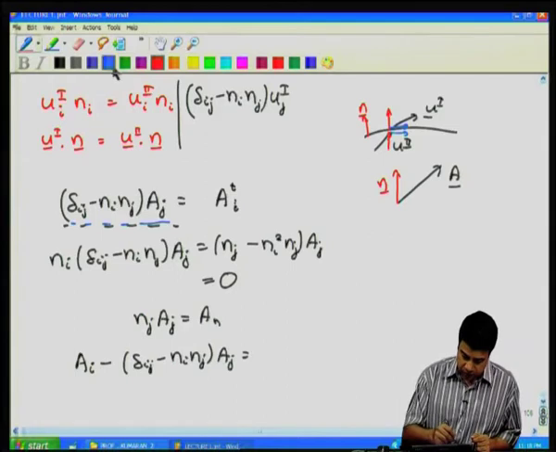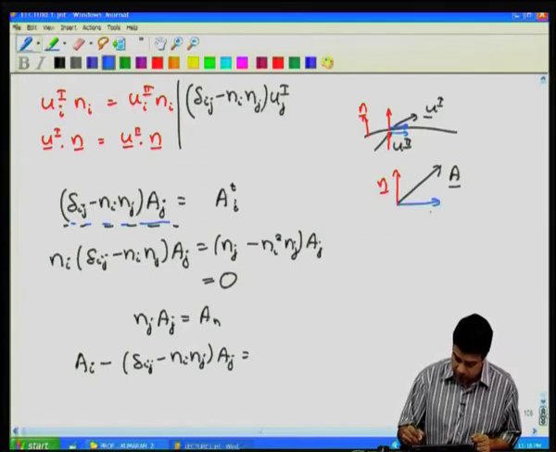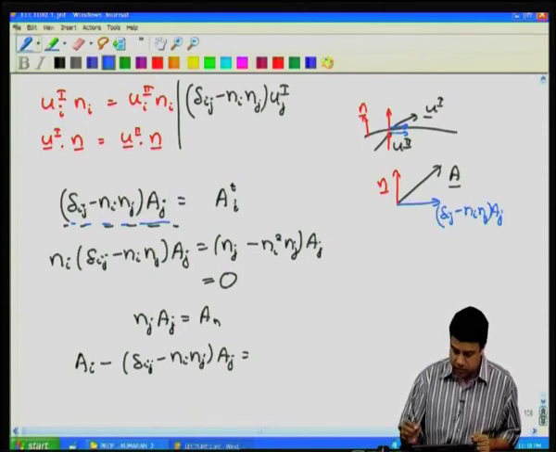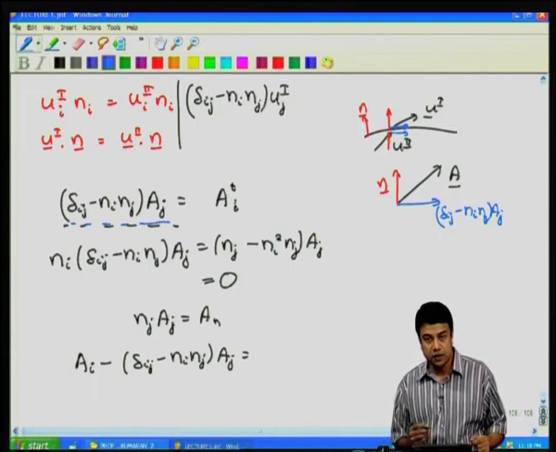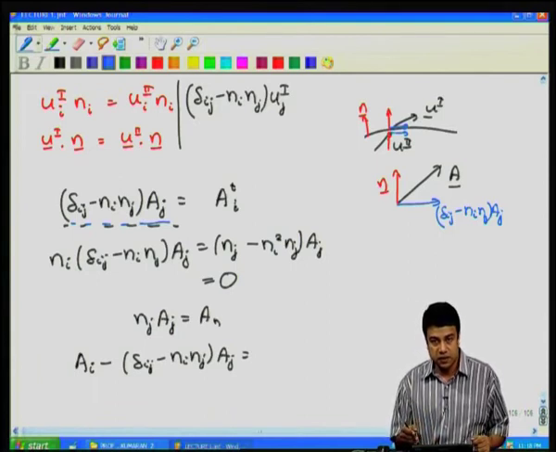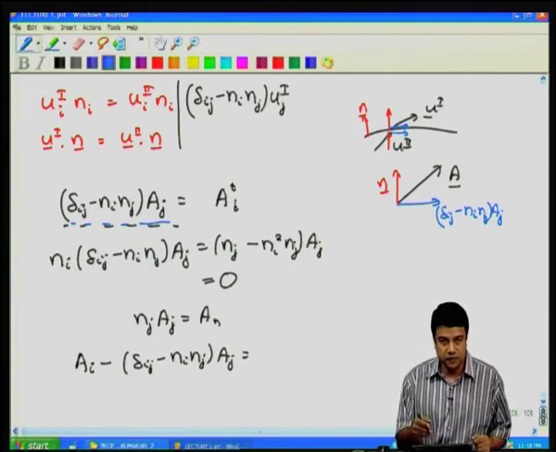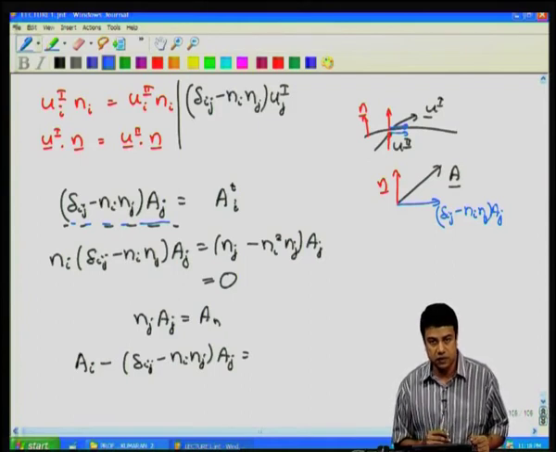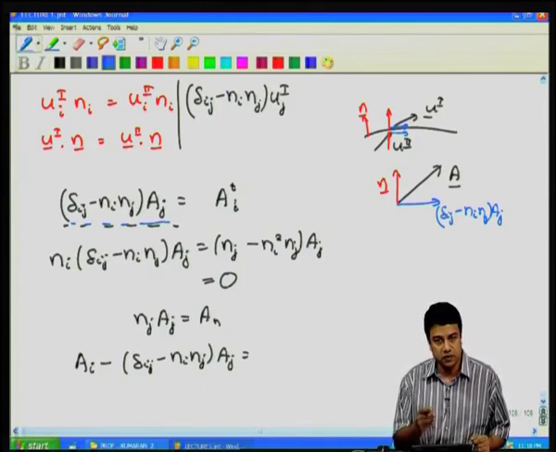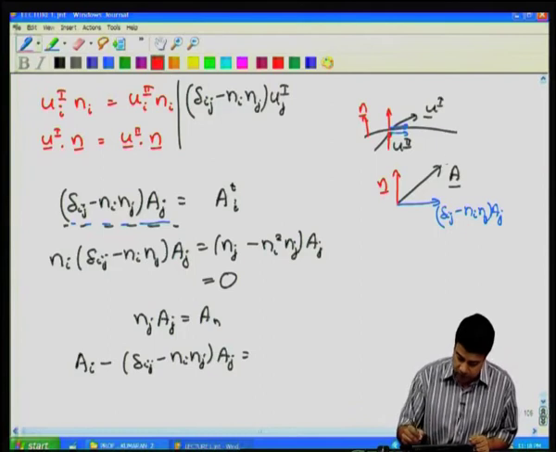I told you that (δ_ij minus n_i n_j) A_j is the tangential vector. If I take A minus this tangential vector, I should get a vector that is along the unit normal, because when you subtract these two, you end up with a vector which is along that unit normal.